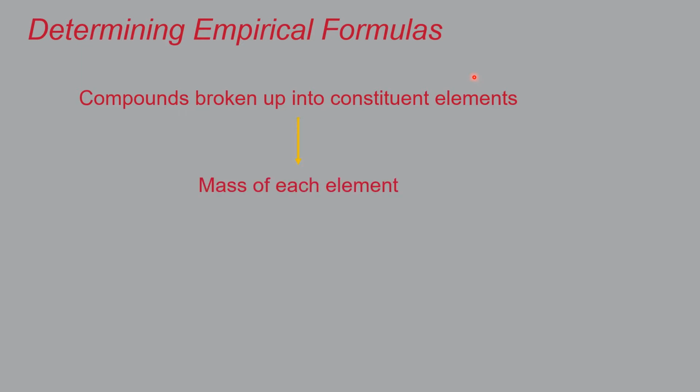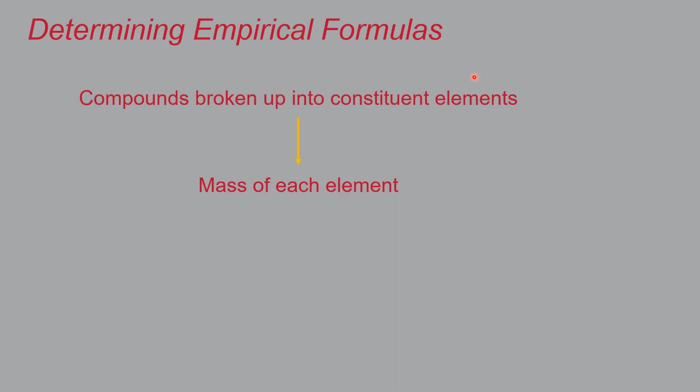It's pretty simple. Experimentally, this is how one usually does it. There exist shelves of books that will tell you recipes to break up a particular compound into the elements that make it up. And you determine the mass of each element that you have in your compound.